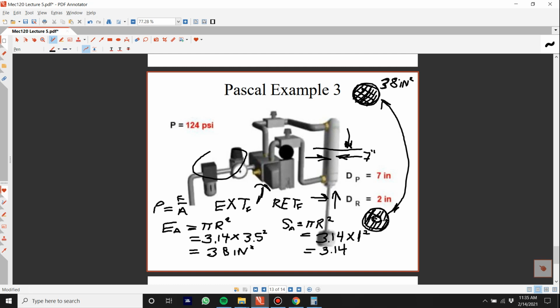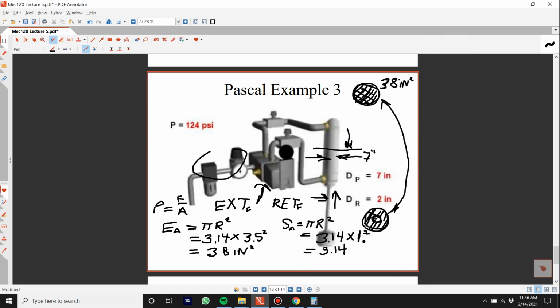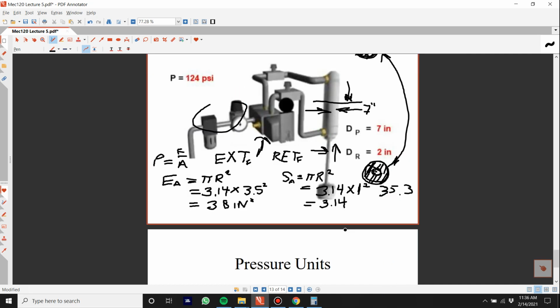And then the area of this donut is going to be 38 minus 3.14, 35.3. Okay, 35.3.